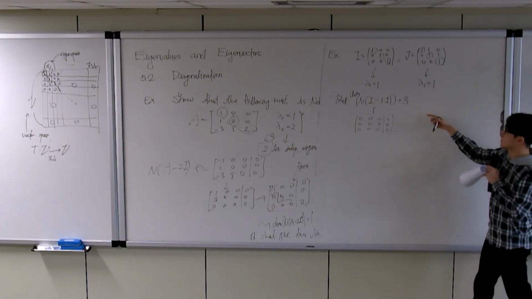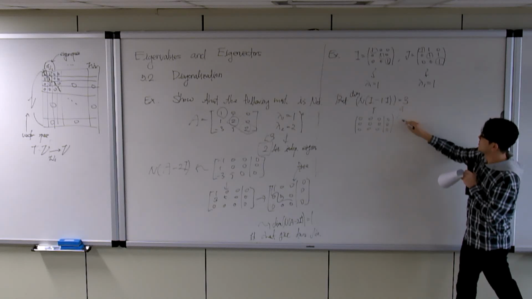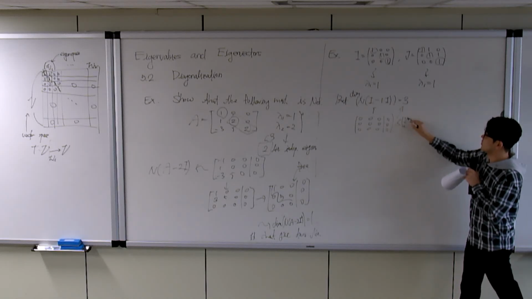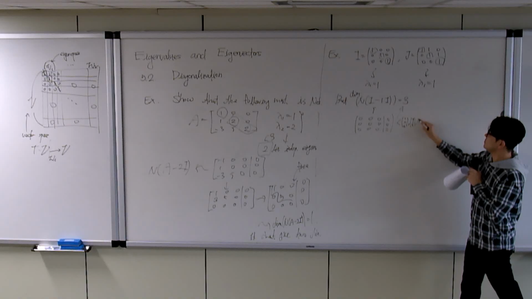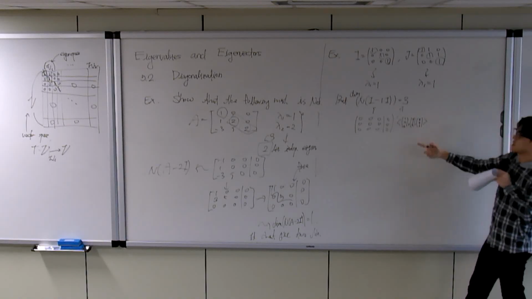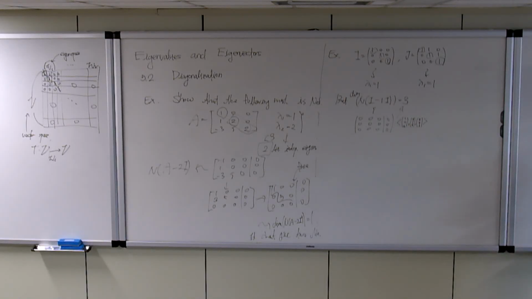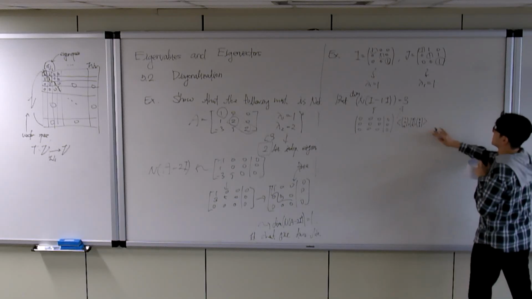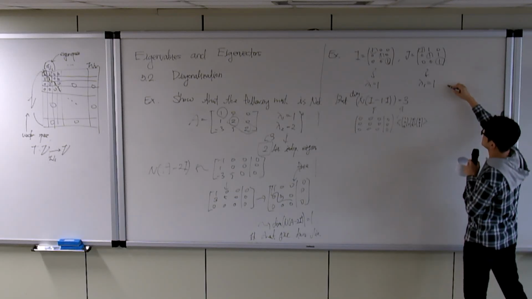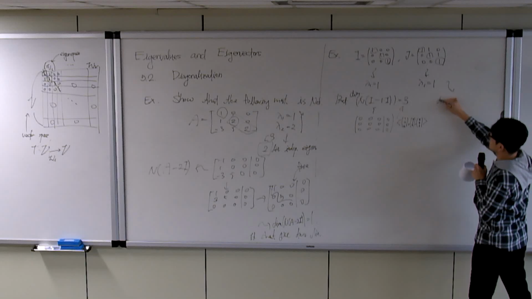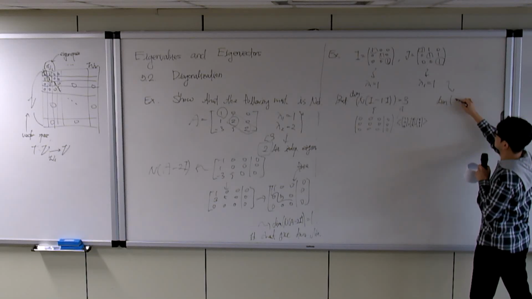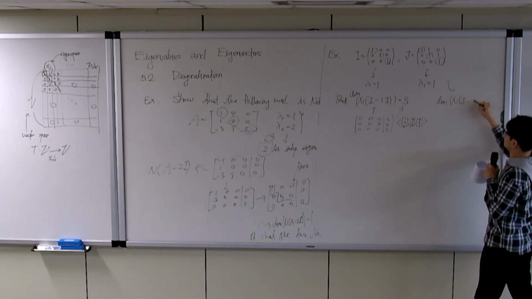So in detail, the dimension of the null space here looks important, so let's give it a name.